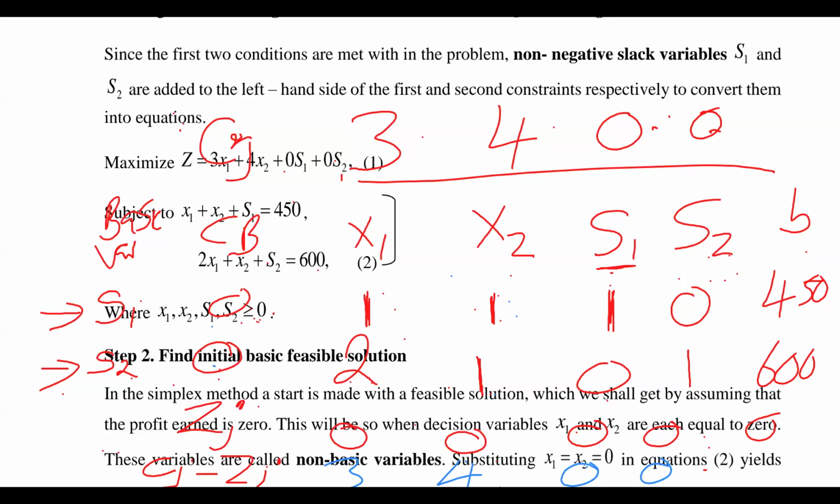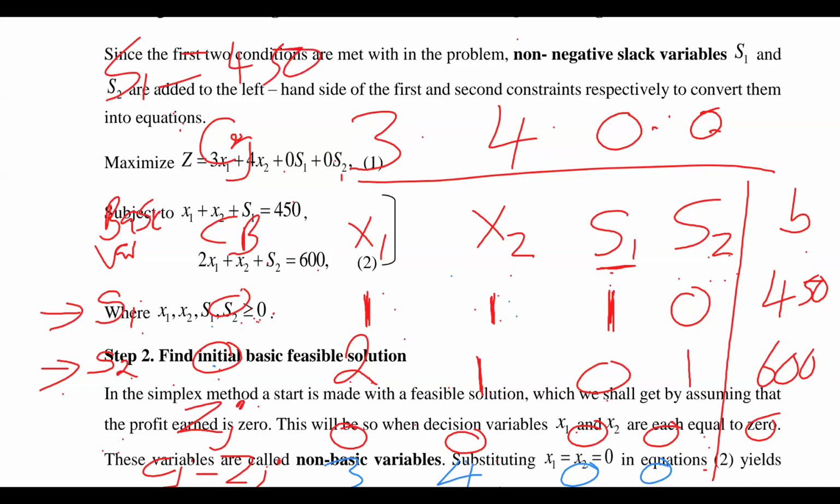So now, as it stands with this simplex tableau, the interpretation is that the value of S1 is this right hand side here, S1 is equal to 450.